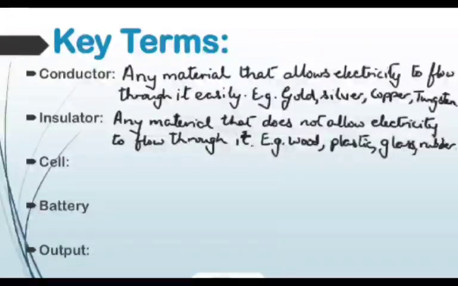Now, tell me what is a cell? A cell is anything that powers an electric circuit. Remember the positive electrode, which is longer, and the negative terminal or the negative electrode. So this pair of positive and negative makes one cell. Let me just write it.